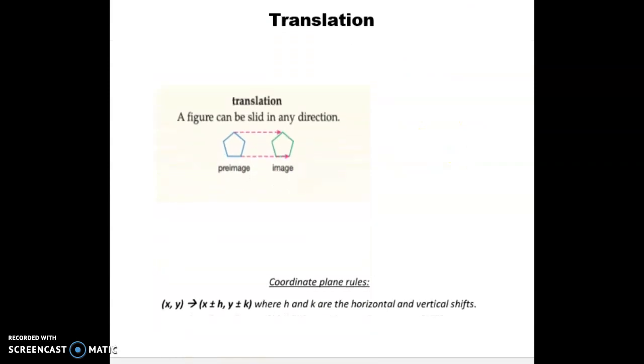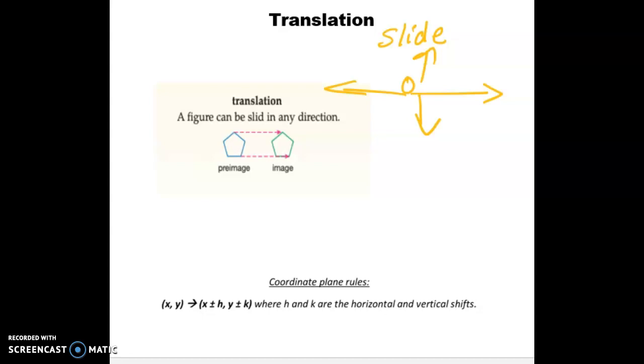Translation, how to understand it better: translation is nothing but when we slide one object from one direction to the other, right or left, up or down. That is called translation. To make that happen, we add or subtract from the x or the y coordinate.